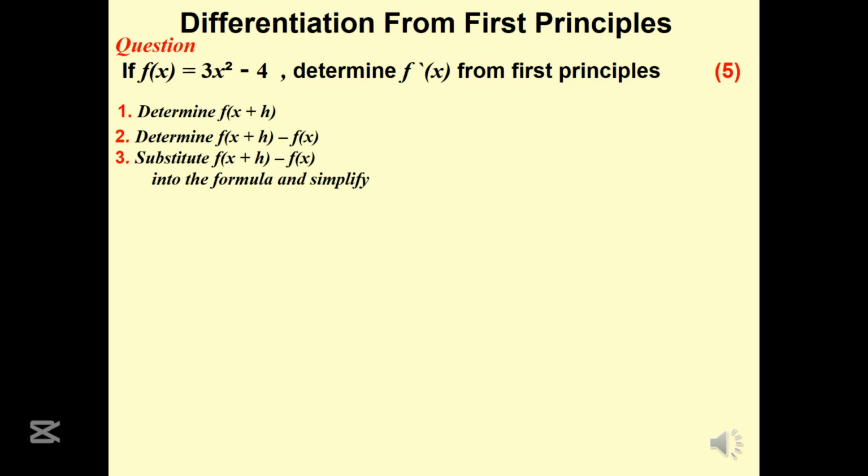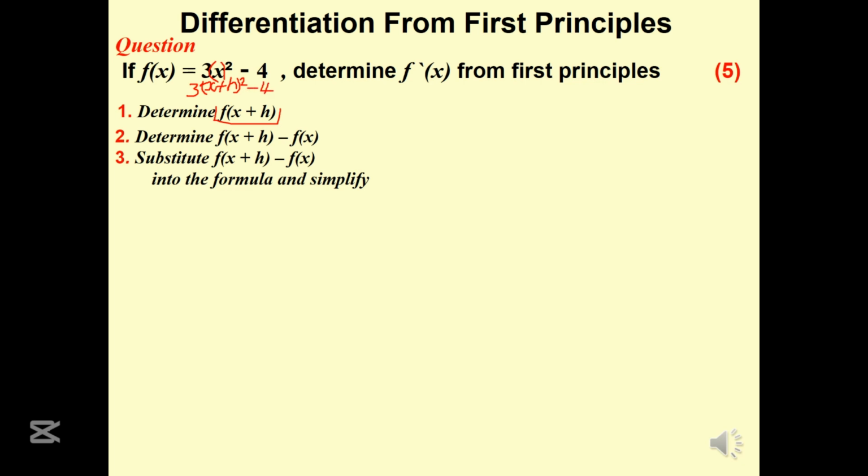Now, we need to be clear about what it means to say determine f of x plus h. It simply means in f of x, this x here, you remove that x, and in that position, you substitute x with x plus h, so that 3x squared minus 4 now becomes 3(x plus h) squared minus 4.